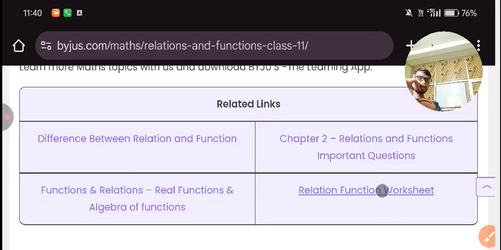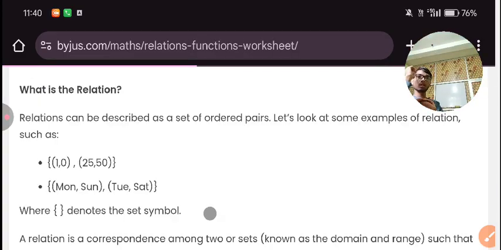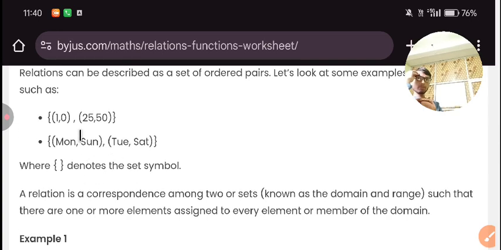Relation function worksheet. What is a relation? A relation can be described as a set of ordered pairs. Let's look at this. We have 1, 0, 25, 50, Monday, Sunday, 2, Saturday.